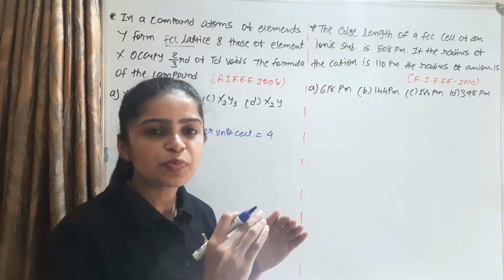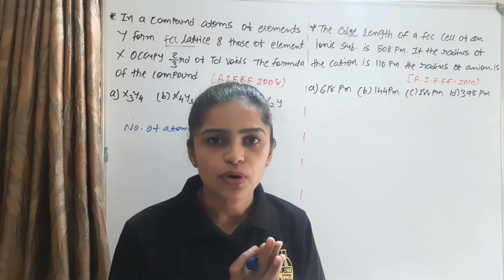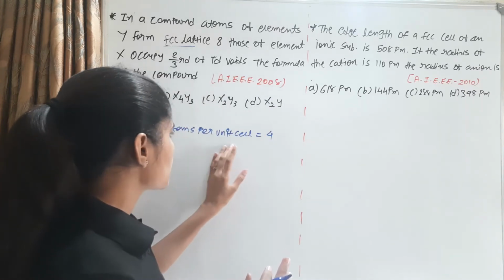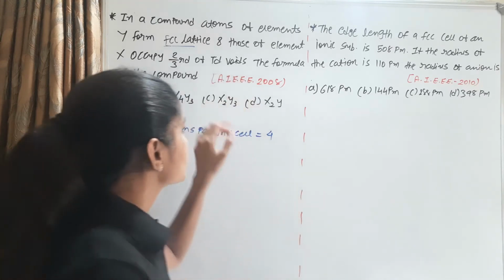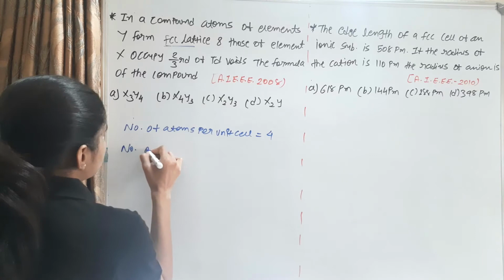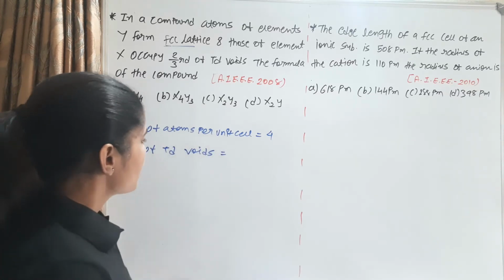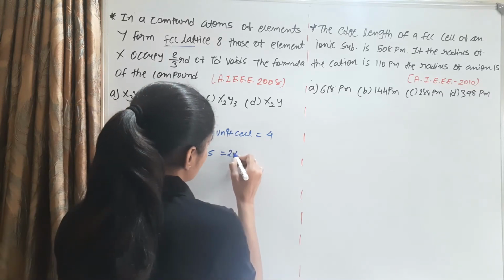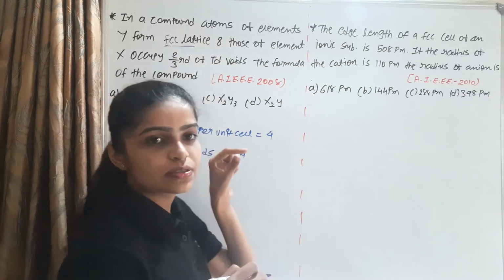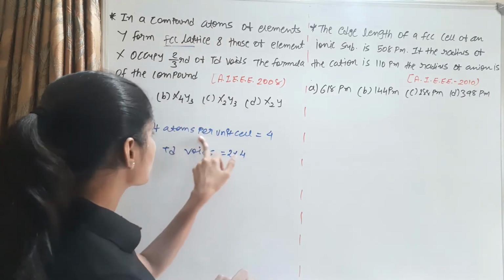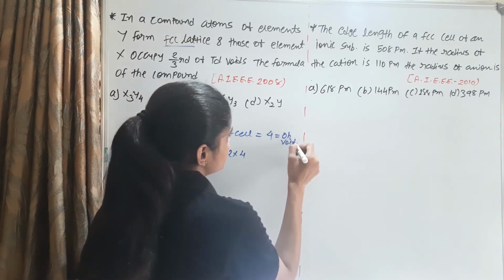So the octahedral voids in this crystal is equal to 4, because the number of atoms per unit cell is equal to the number of octahedral voids. Then the number of tetrahedral voids is equal to 2 multiplied by the octahedral voids. In this question, the octahedral void count is not given, but the number of atoms per unit cell is 4, so octahedral voids is equal to 4.